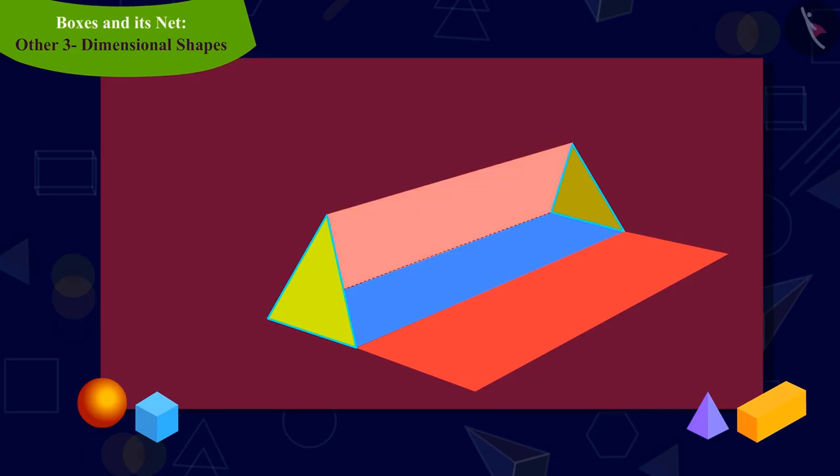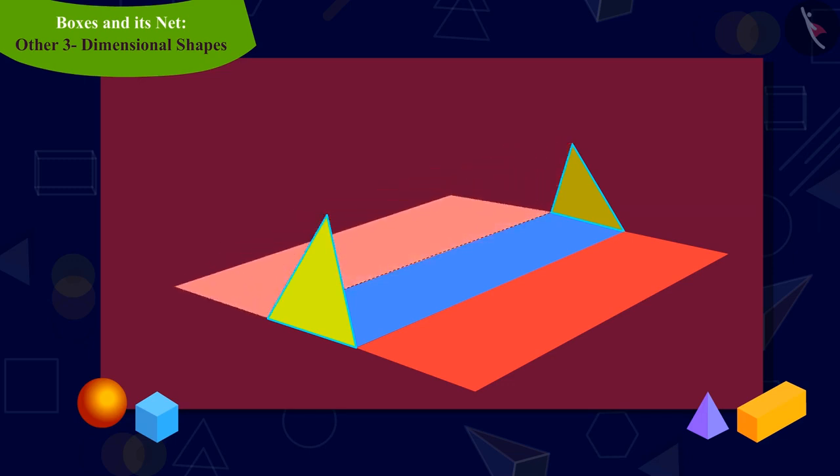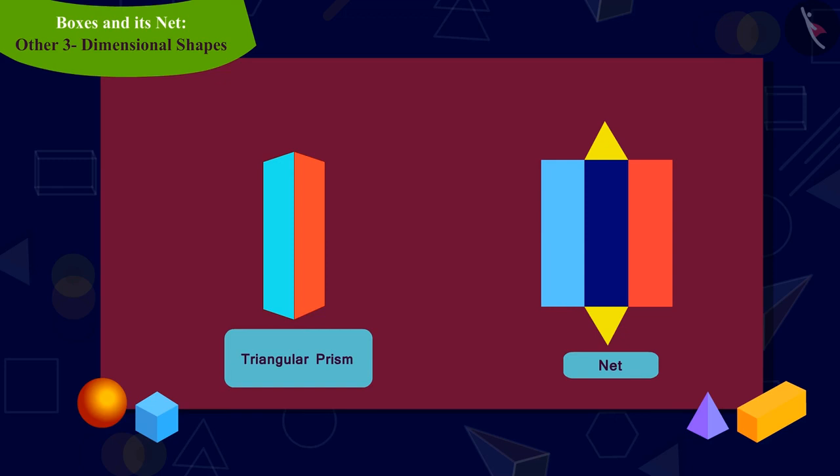Then we can also open the left rectangular face in this way. Then at the end, we can open both the remaining triangular faces in such a way as to form the shape of the net of a triangular prism.